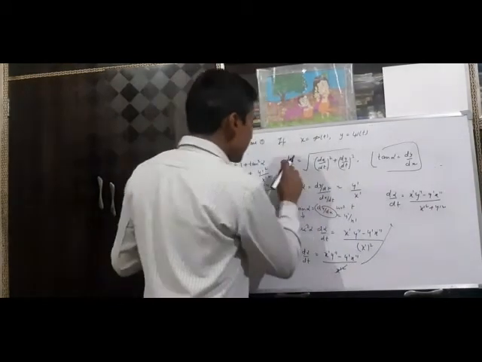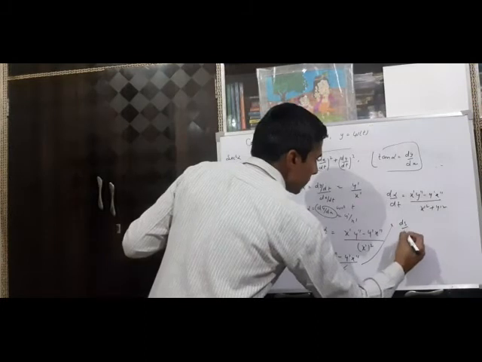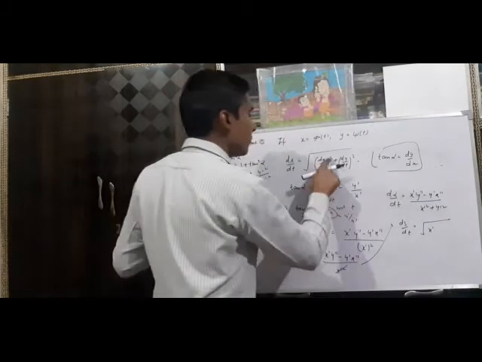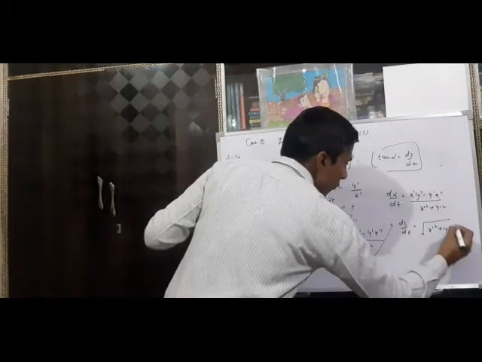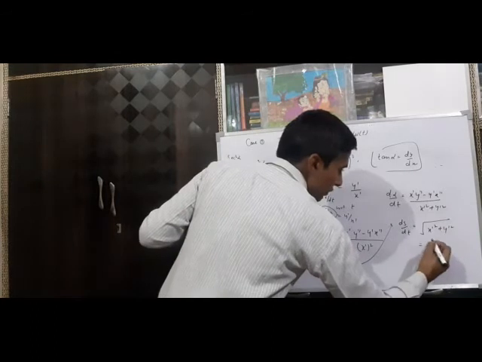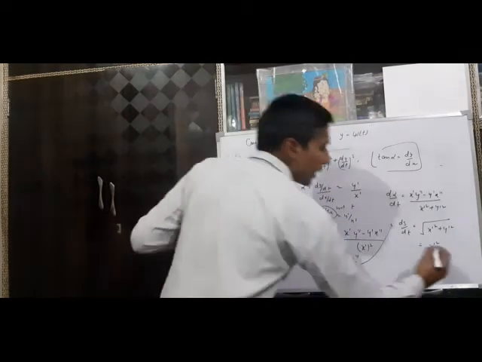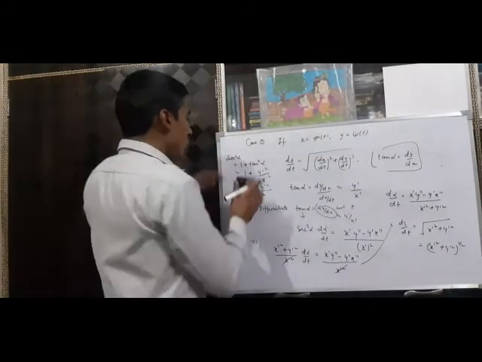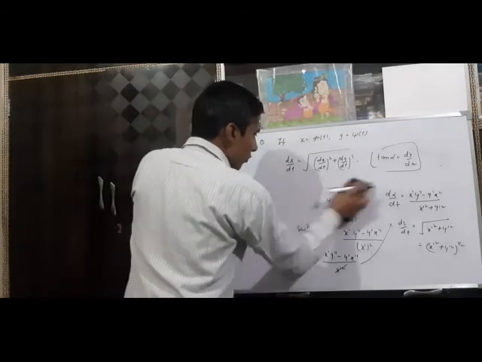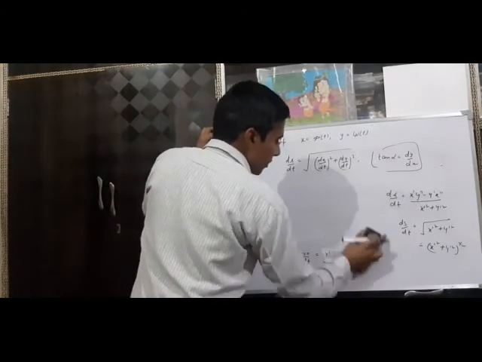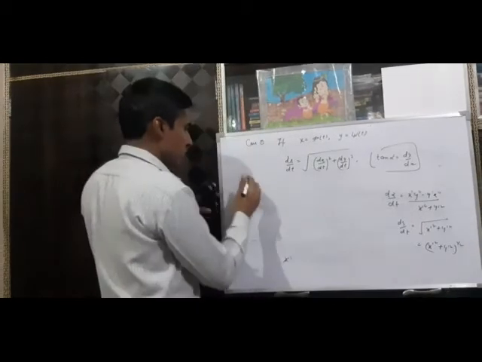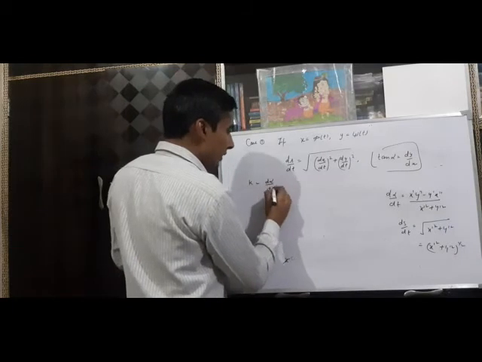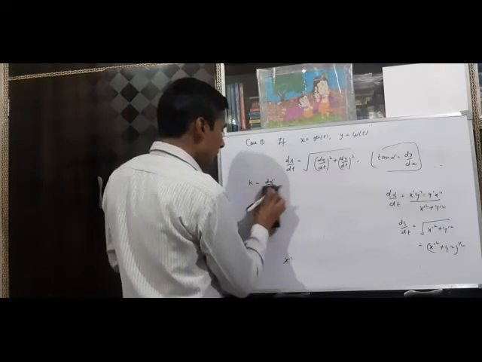Also ds by dt can be written as under root x prime square plus y prime square. In another notation, this can be written as x prime square plus y prime square raised to power 1 by 2. So now the value of kappa, the curvature, is d alpha by ds.